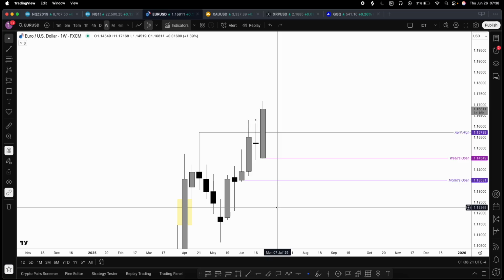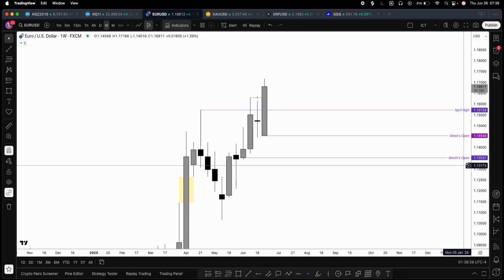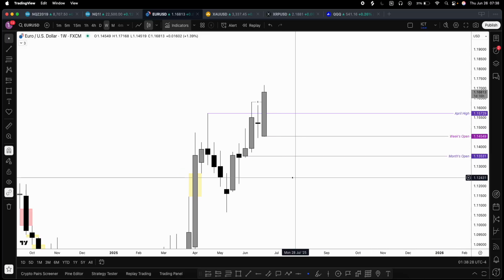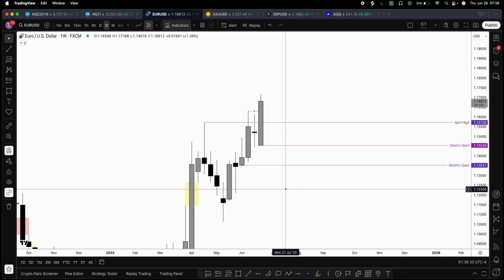So, as you can see, it's almost end of the week, and it does not seem like it's going to be a bearish week. So our bearish weekly bias probably is wrong.